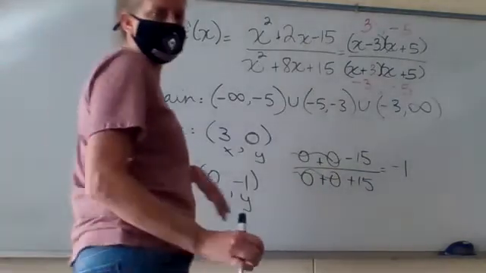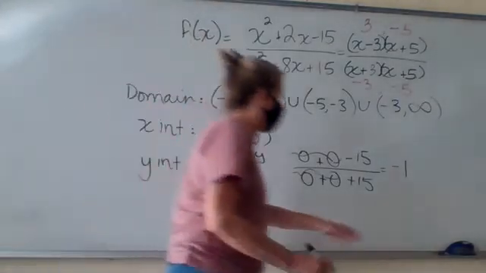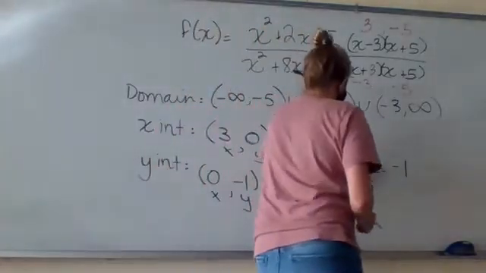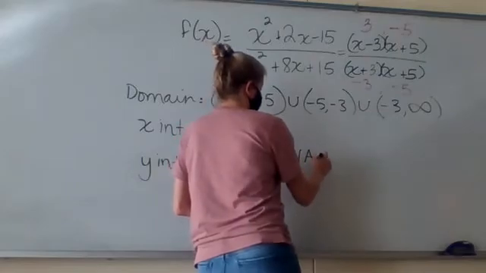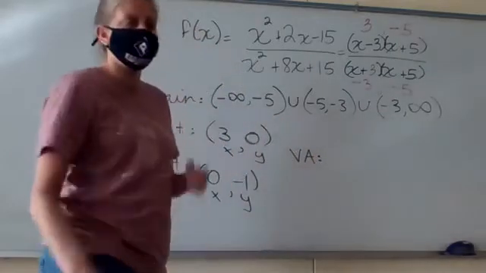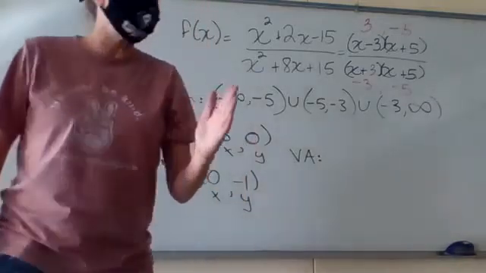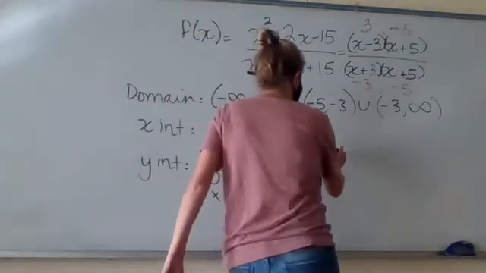The next thing it's going to ask you is, where is the vertical asymptote? Let me erase this part. Now remember, your vertical asymptotes are those vertical lines, and it's going to want you to write, oh, it's already got the x equals there for you.